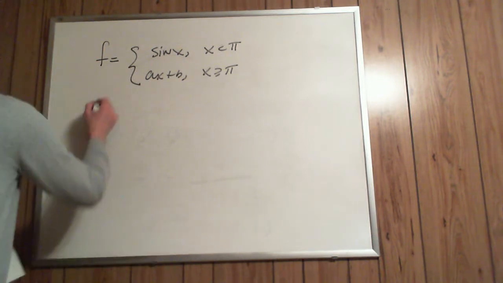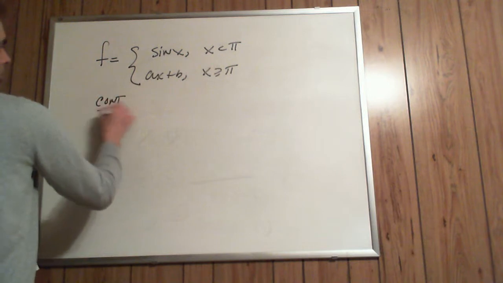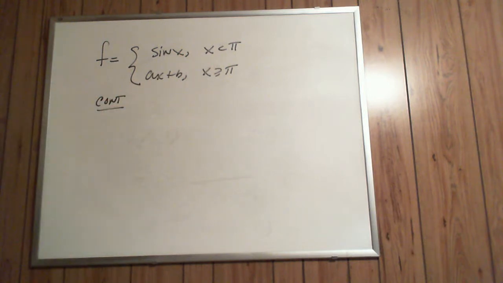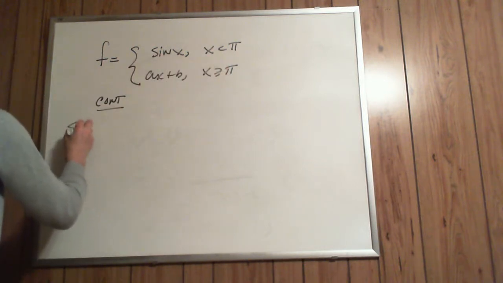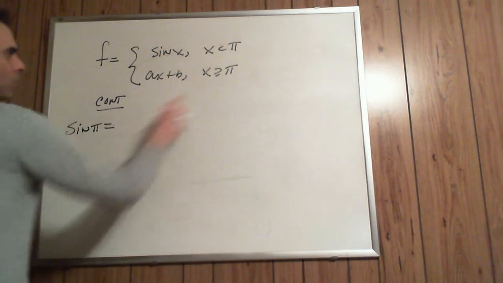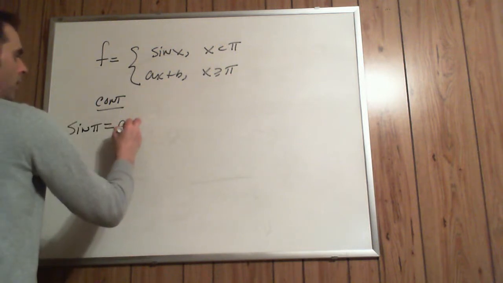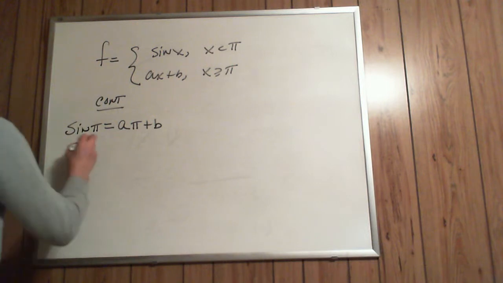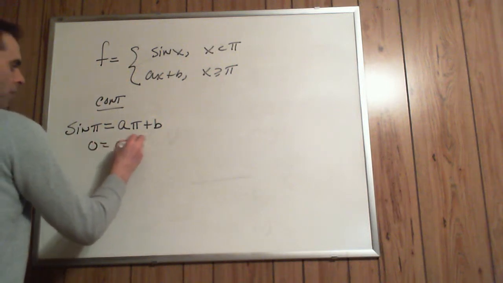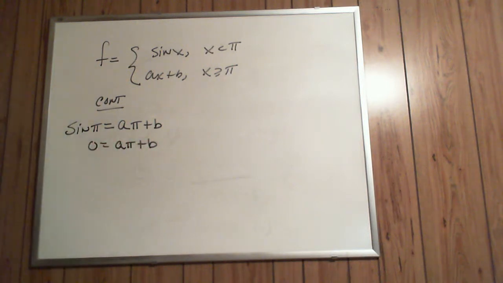So, two key words requires two key parts. Continuity. Take the limit from the right and the left as x approaches pi. So if I put this in, I get the sine of pi equals, put that in, a pi plus b. And the sine of pi is 0, so 0 equals a pi plus b.